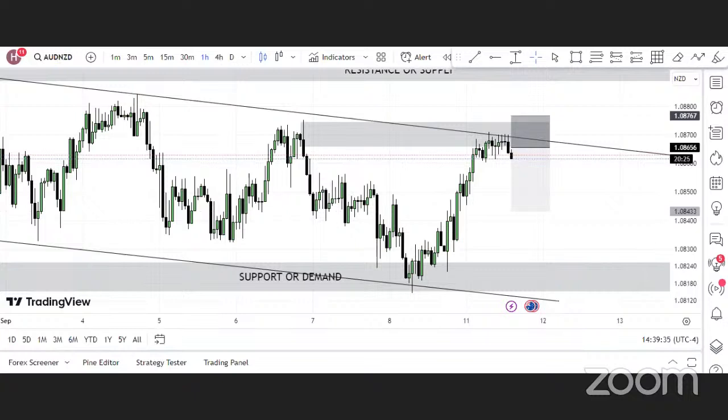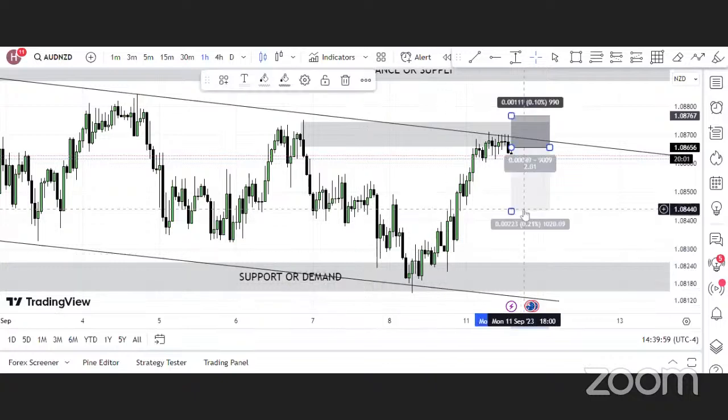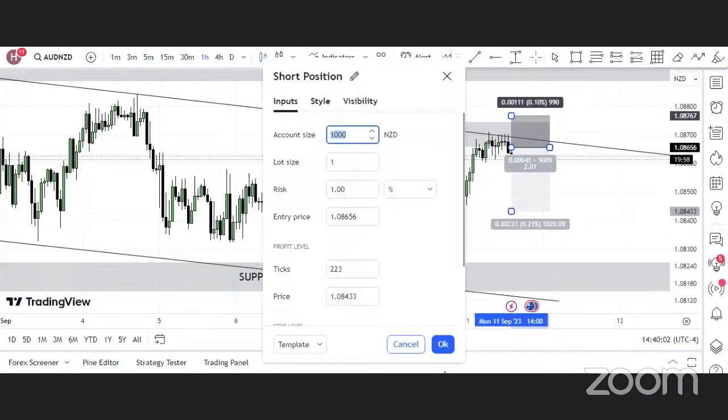AUDNZD, guys, go and sell that trade. Go and sell that pair. So I'm going to call out the stop loss and the take profit for us.